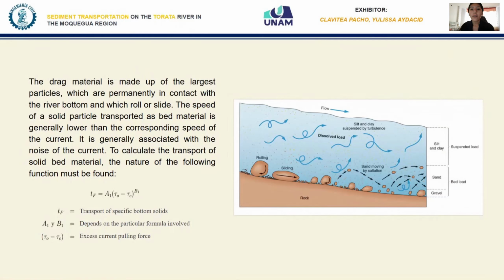The speed of a solid particle transported as bed load is generally lower than the corresponding speed of the current. It is generally associated with the noise of the current. To calculate the transport of solids as bed load, the following function must be found.